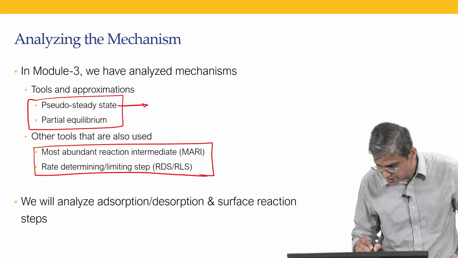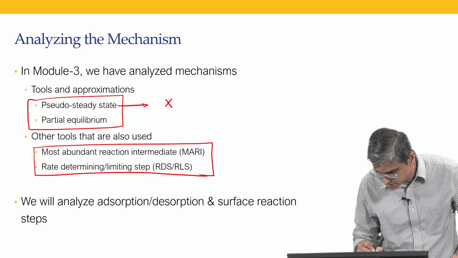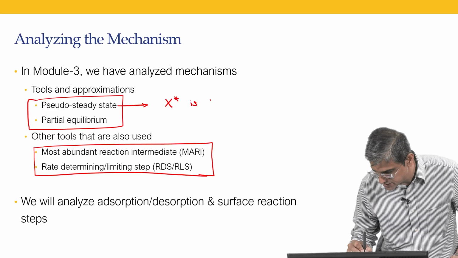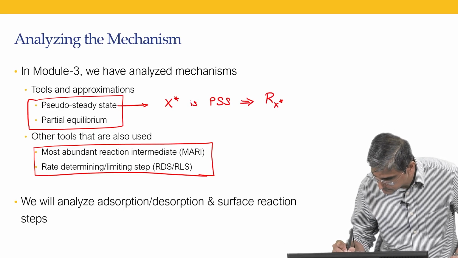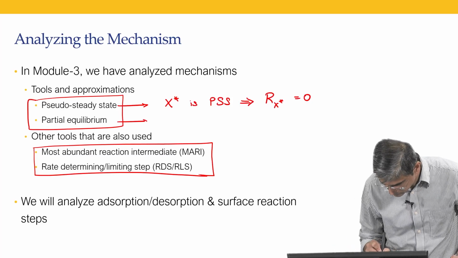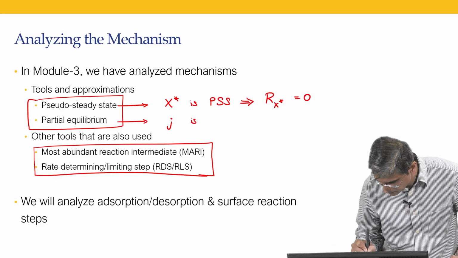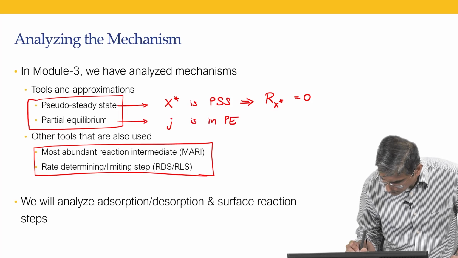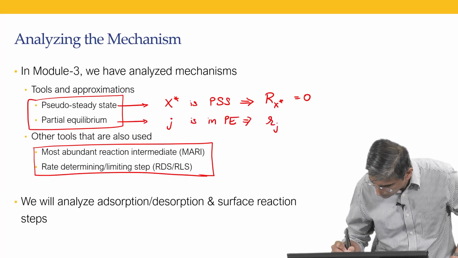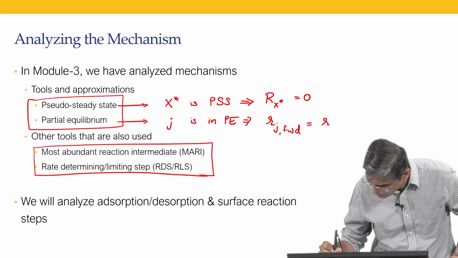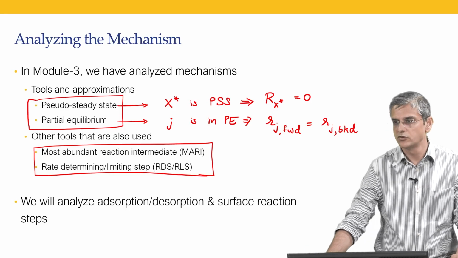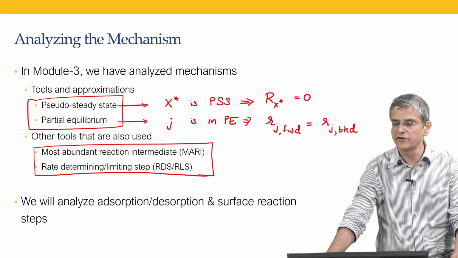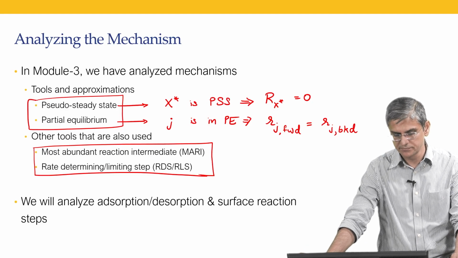Pseudo steady state: if species X star is in pseudo steady state, this implies, exactly what we have done in module 3, no difference.